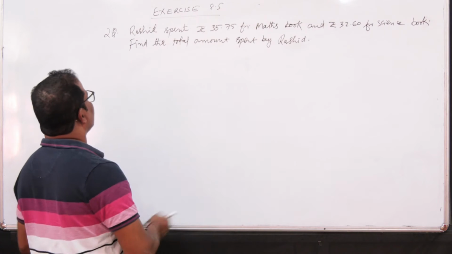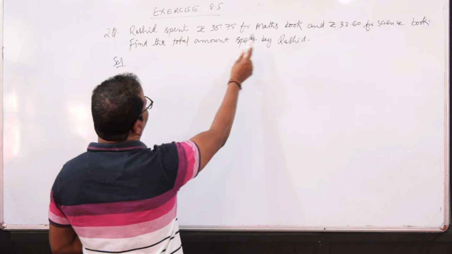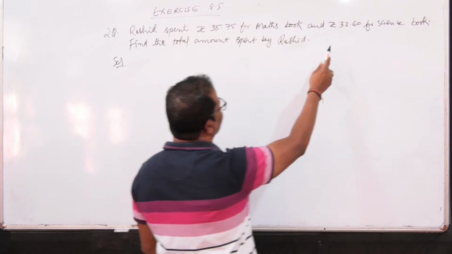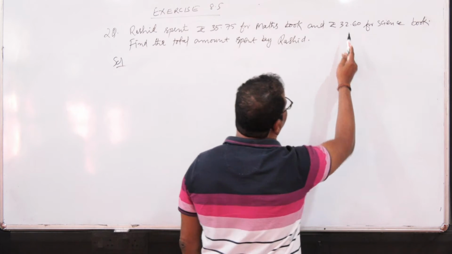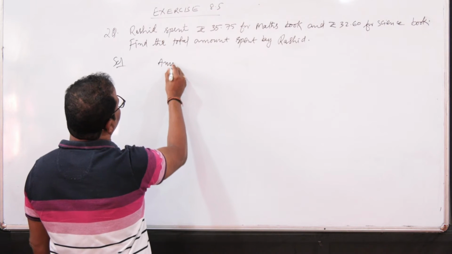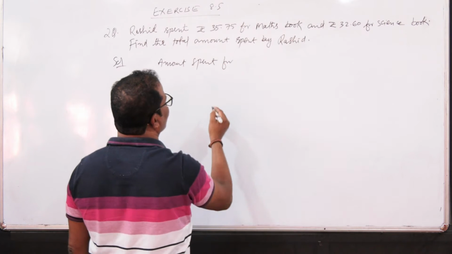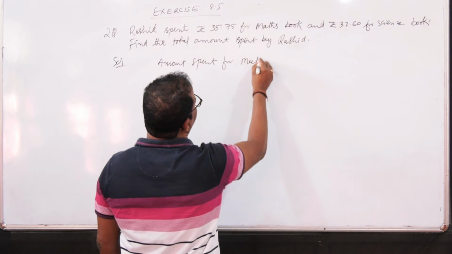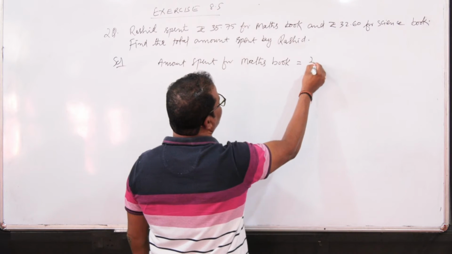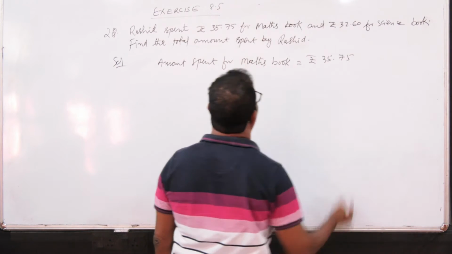Okay. So how can we see the solution now? The amount spent for the maths book is how much? 35.75. That we can write first. Then the amount spent for the science book is how much? 32.60. So in the solution, amount spent for maths book is equal to rupees 35.75.